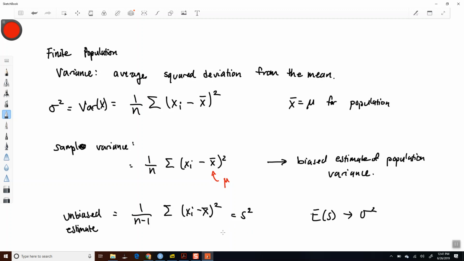Here we're asking what's the deviation from the mean, and over here our estimate of the mean is our sample mean, which is of course going to be in the middle of our current sample, which might not be the same as the population mean.